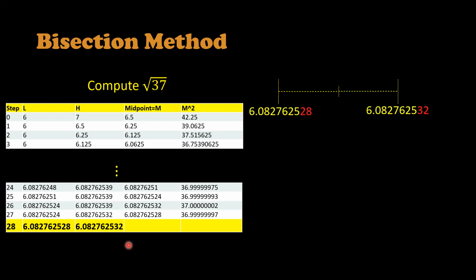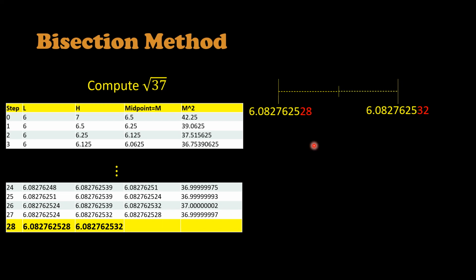And don't focus so much on the actual digits of these numbers. They don't matter as much. Well, I suppose they matter, but what matters is the digits that these two numbers have in common, the 6.0827625. Both of those have those first, what is that, 1, 2, 3, 4, 5, 6, 7 digits after the decimal point that are the same.